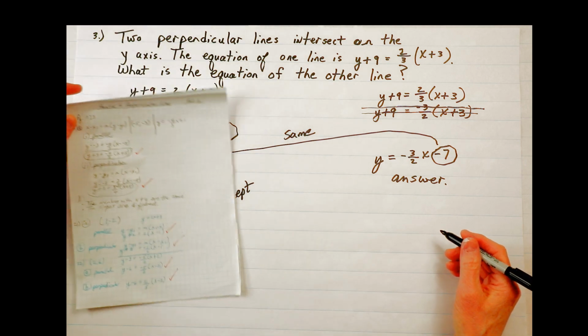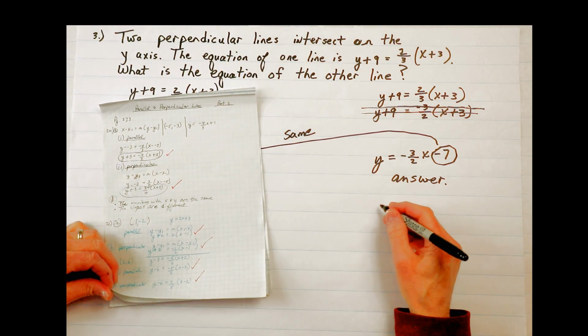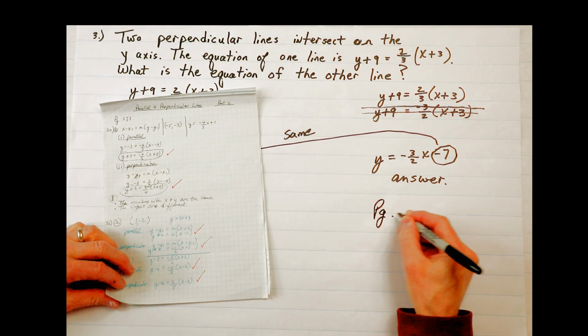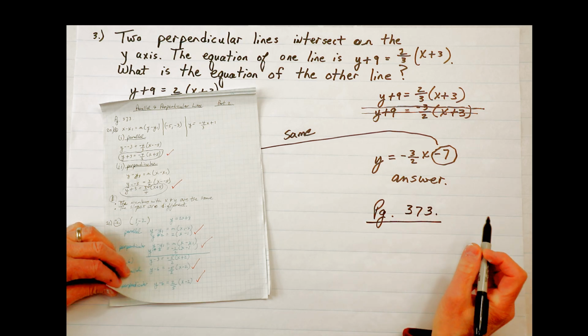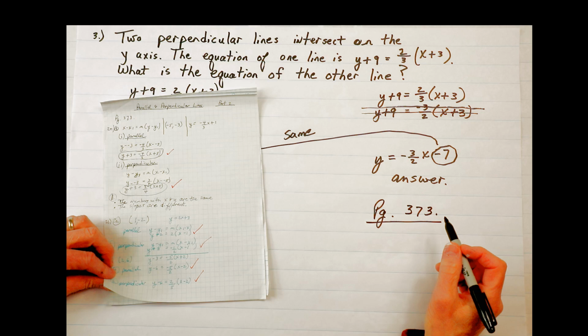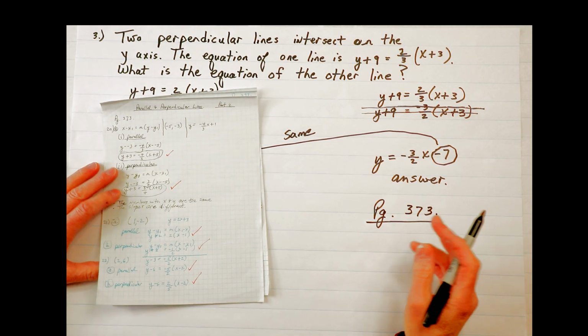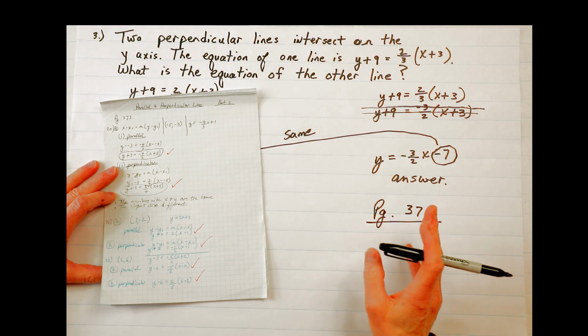Okay, that's today's lesson. There are problems in the book. These are in section 6.5, page 373. They go along with slope point form. There's separation of the parallel and perpendicular lines in the book.